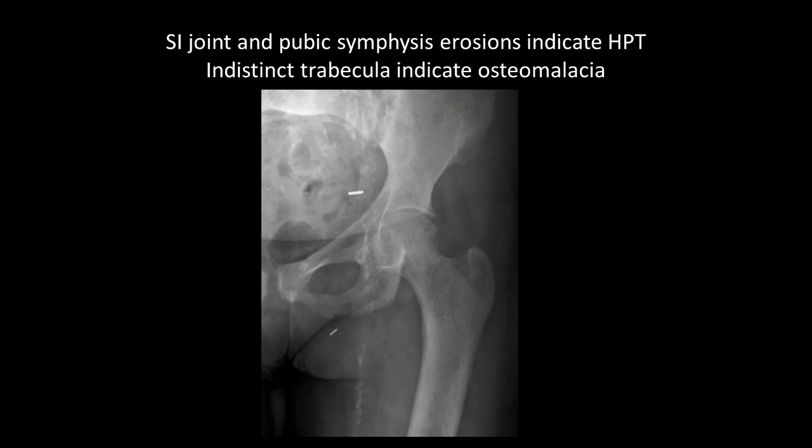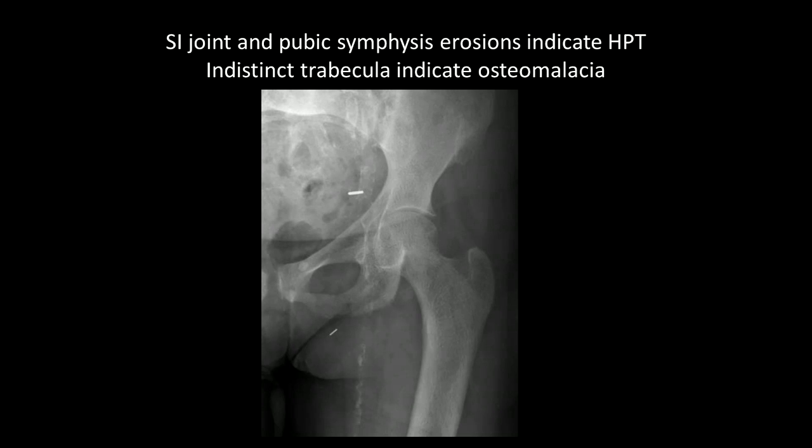So this is an individual with osteomalacia. The finding here is that the trabeculae are indistinct. That is a very difficult observation to make. Just to contrast it with the finding of the eroded left sacroiliac joint and the pubic symphysis, the findings here that are due to hyperparathyroidism are much easier to detect.